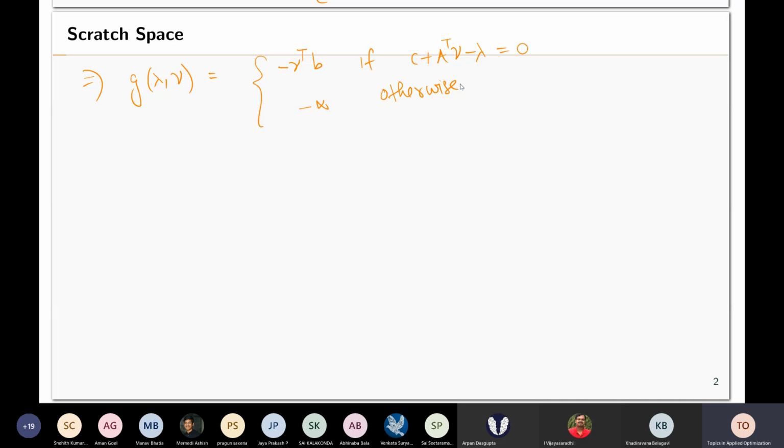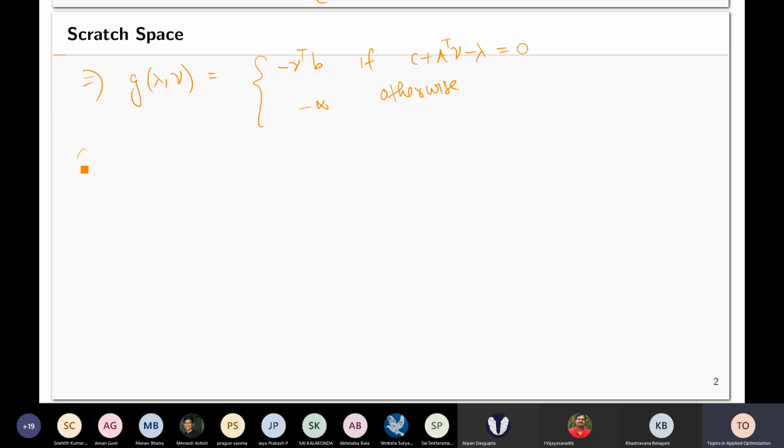Okay, so it's minus infinity otherwise, and we have defined the function G now completely. There is no dependence on x here, so it is only a function of lambda and nu now.